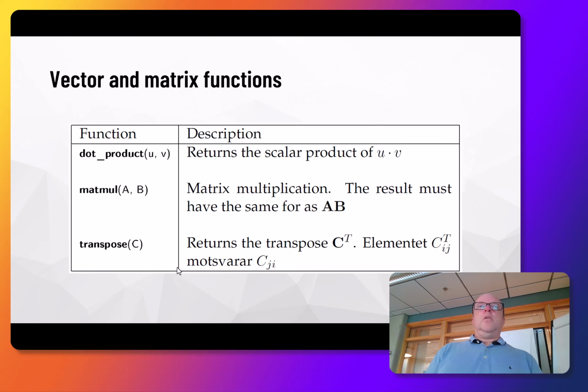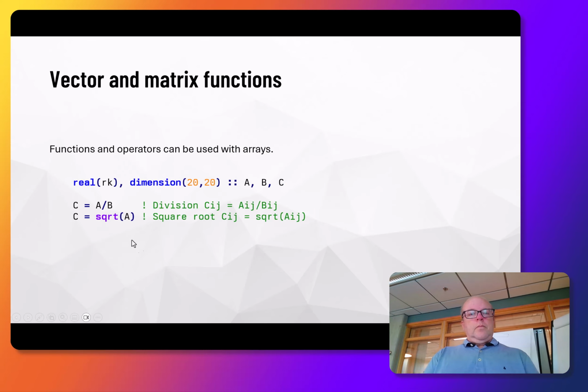So those are the major vector and matrix functions. As I said before, any function in Fortran that is math related can take an array as an input, and then it will compute the function on all elements.